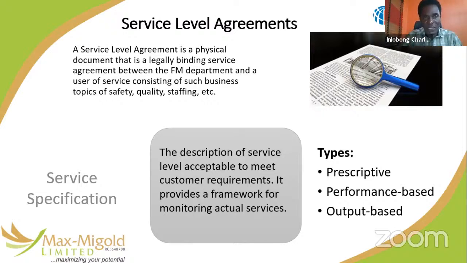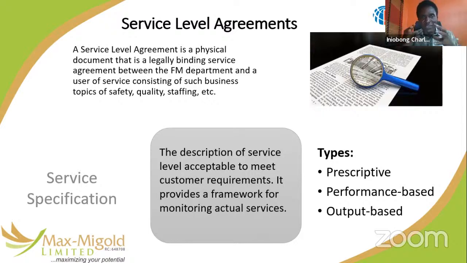It says a service level agreement is a physical document, a legally binding service agreement between the FM department and the demand organization or the user of the service, consisting of such topics as safety, quality, staffing, work approach, work plan, and all that.